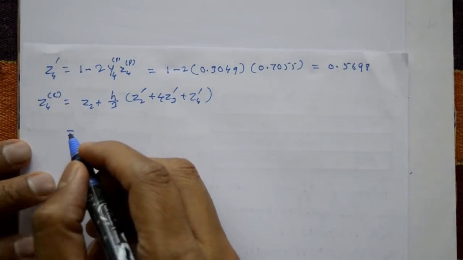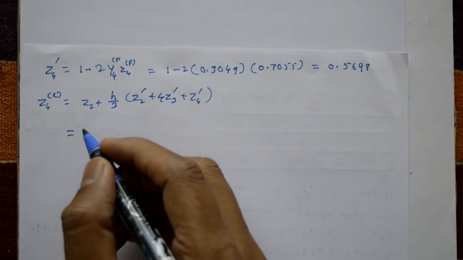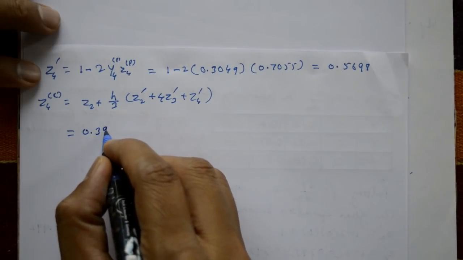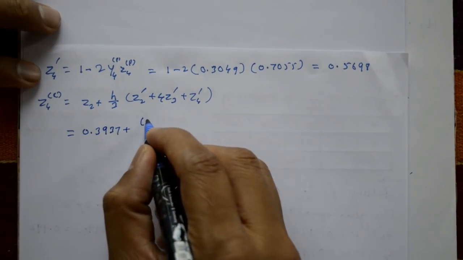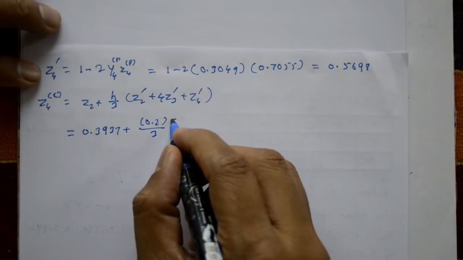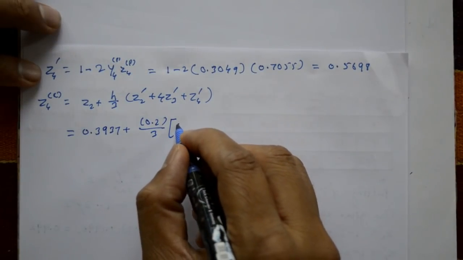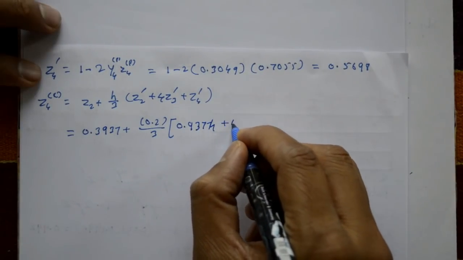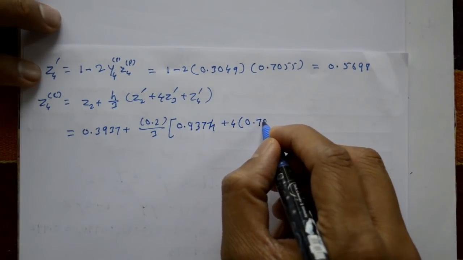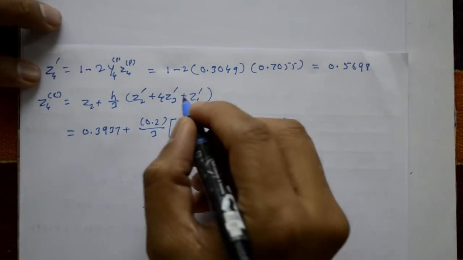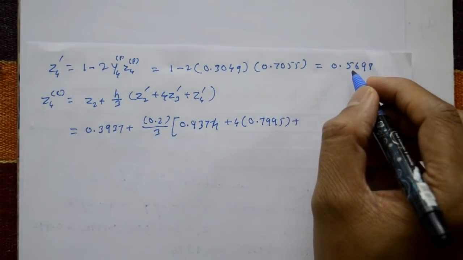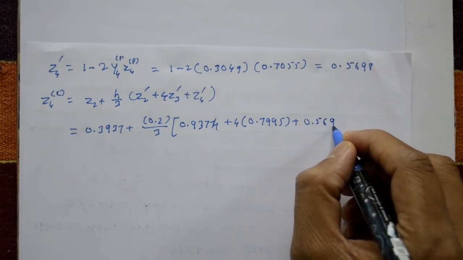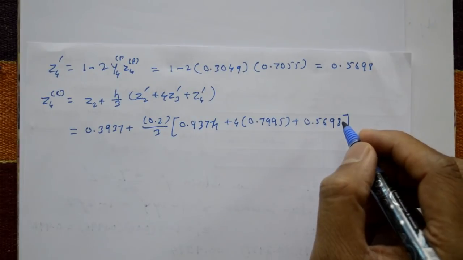Substitute the z2 value, 0.3937, plus h value 0.2 divided by 3 into z2 dash, 0.9374, plus 4 into z3 dash, 0.7995, plus z4 dash, which is 0.5698.